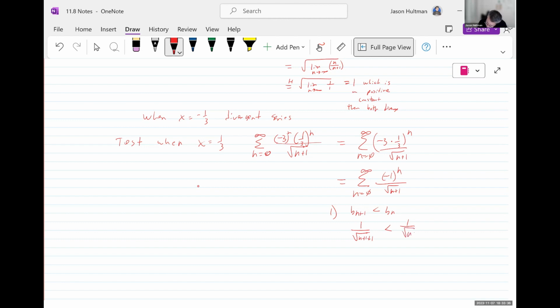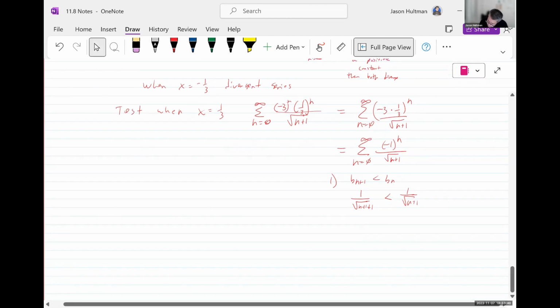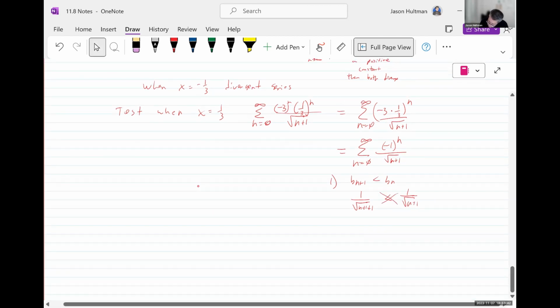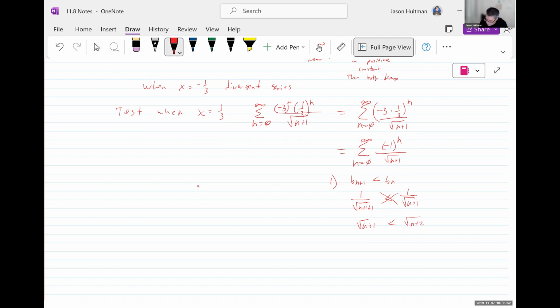I'm going to cross multiply, and I get the square root of n plus 1. Is that less than the square root of n plus 2? And yeah, it is. Regardless of what n is, you're always going to get the square root of n plus 1 to be less than the square root of n plus 2, for positive values of n, obviously.